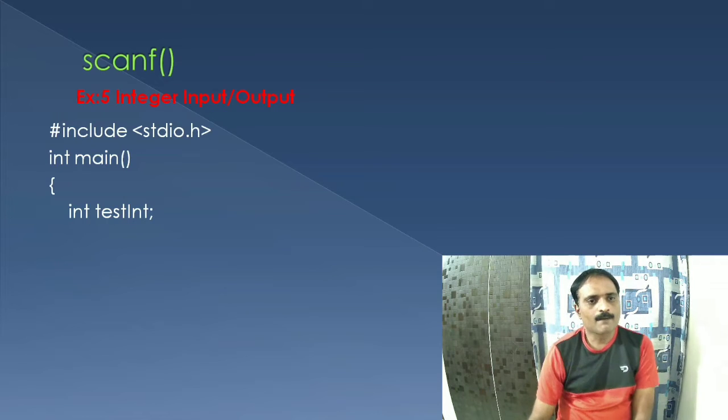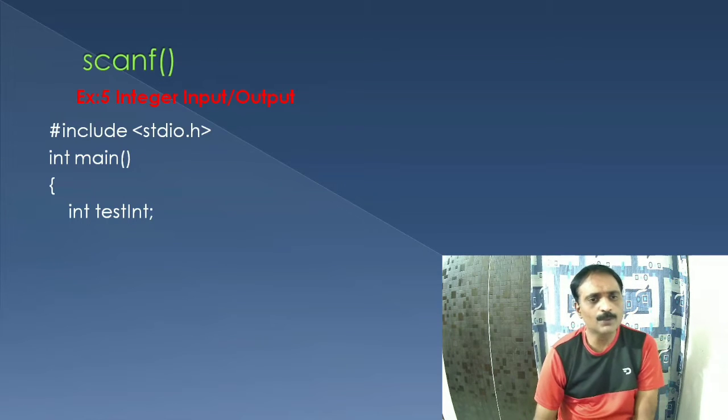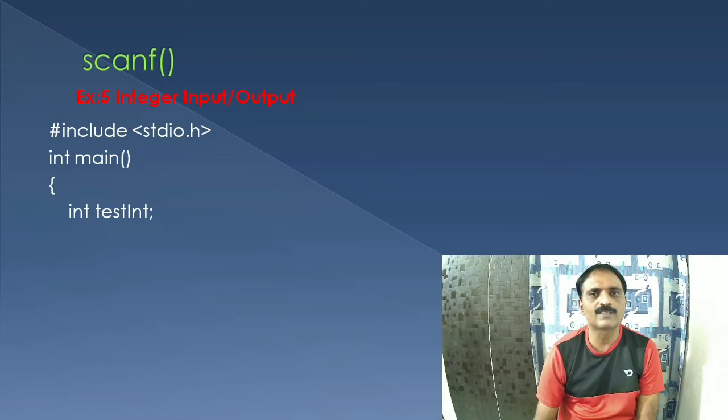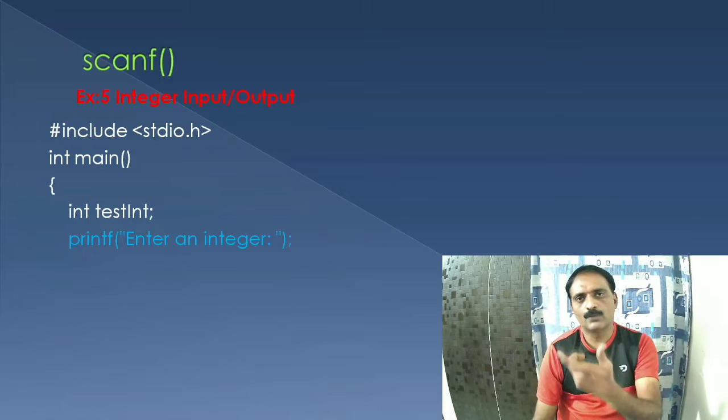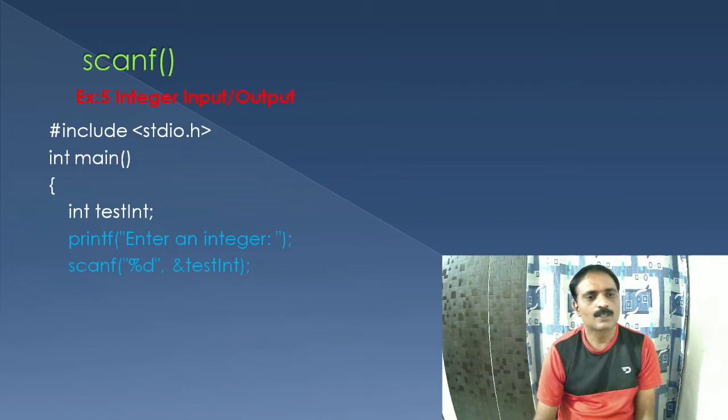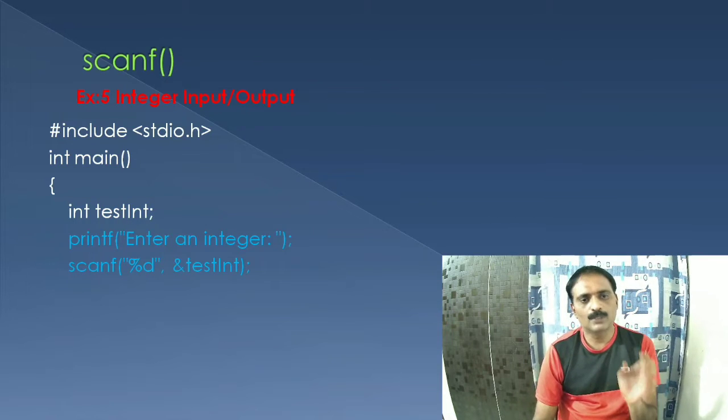So first, I am going to consider some test int as the integer variable. It has been declared as int testInt, and next I am displaying it as printf, within the double quotations, enter an integer. So once we execute the program, first we are going to get enter an integer, and now it is time to give the input.